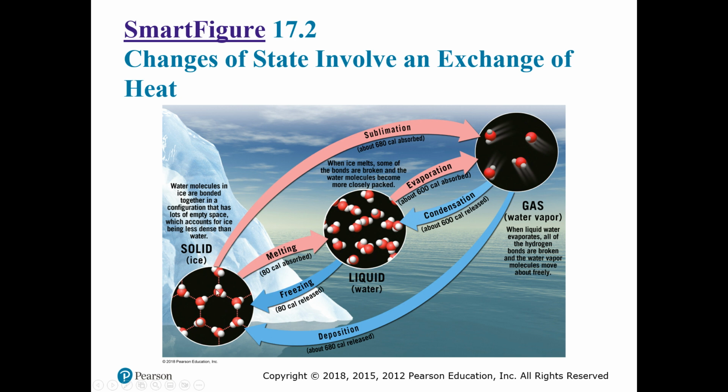And solid ice, water ice, is a connected matrix or crystal pattern of H2Os that are actually arranged in such a way that they're spaced out further than the liquid molecules are, which is why solid ice, I should say, specifically water ice, is less dense than liquid water, and that's why ice floats on the surface. That's why our ice cubes float on the surface, and that's why a layer of ice floats on a pond or a lake, for example, in winter.